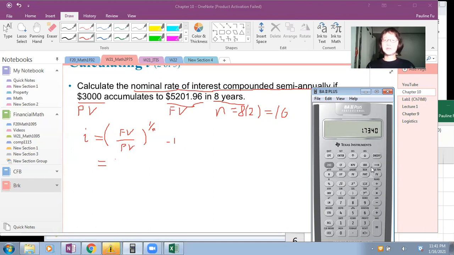This number raised to power, so y^x, raised to power bracket 1 over n means 1 divided by 16, closing bracket, equal. And this number minus 1, equal. So that is the interest, 0.035.